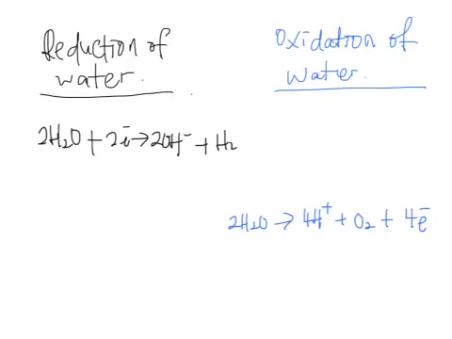For oxidation, you can see that oxygen initially has an oxidation state of 2-, but after being oxidized, it has an oxidation state of 0. So oxidation. Here, unfortunately, you have no choice but to remember these two specific equations if water is the preferred substance to be oxidized or reduced.